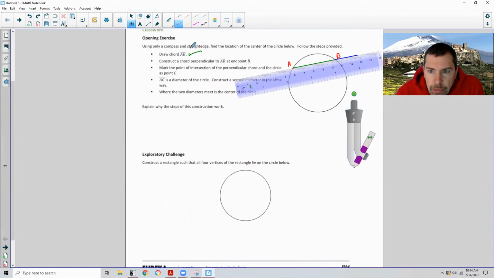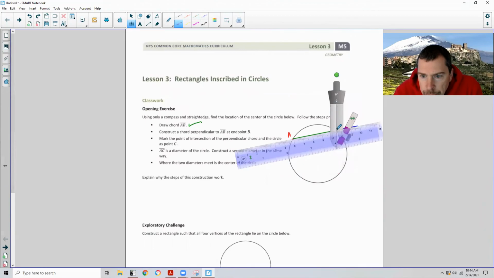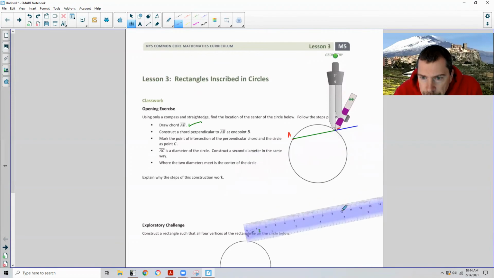Then you take your compass, and I'm going to run out of room here. There we go, move that up. You put your compass point on that endpoint B, as accurately as possible.